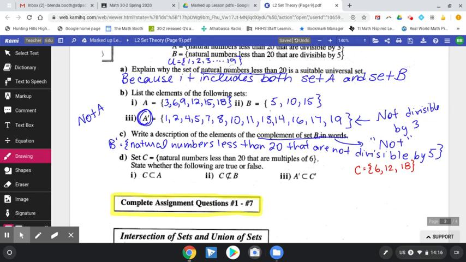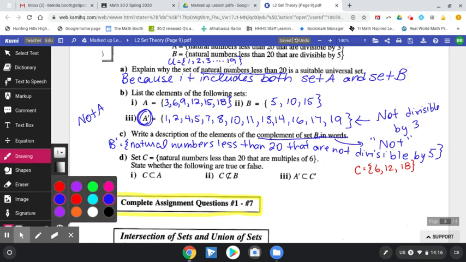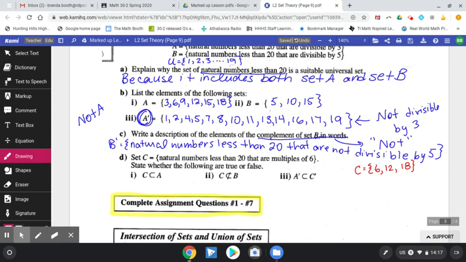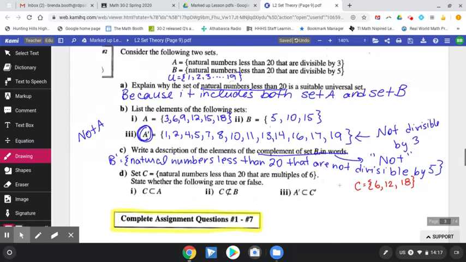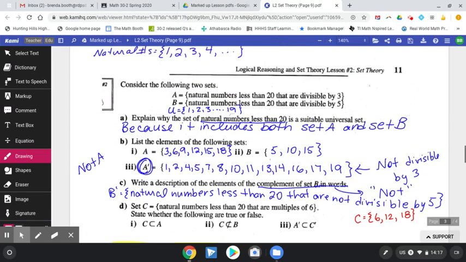All right, so let's see what our questions are here. For number 1, state whether the following are true or false. So the first one that we're looking at, C is a subset of A. So we have to look and see 6, 12, and 18 from over here.